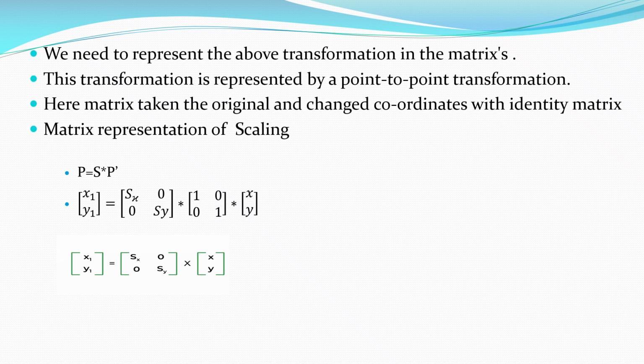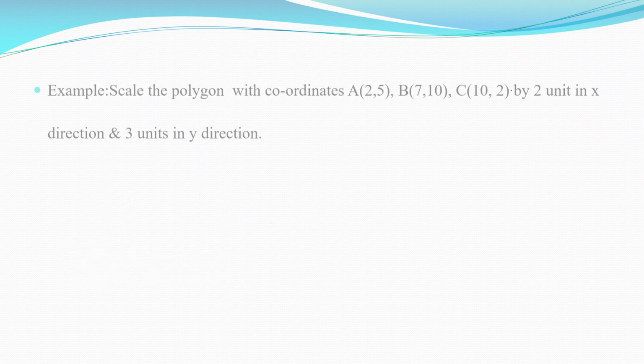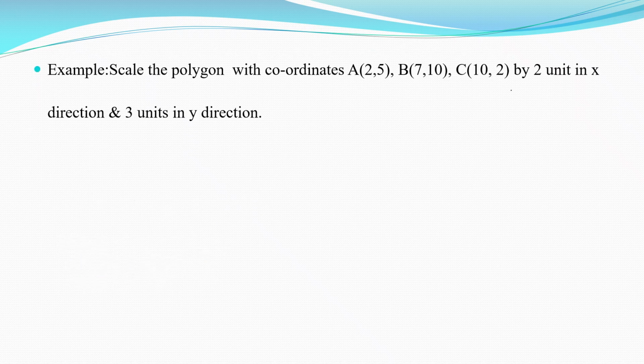Okay, so in this example we take: scale the polygon with the coordinates A is 2, 5, B is 7, 10, C is 10, 2, by 2 units in the x direction. Focus on this.